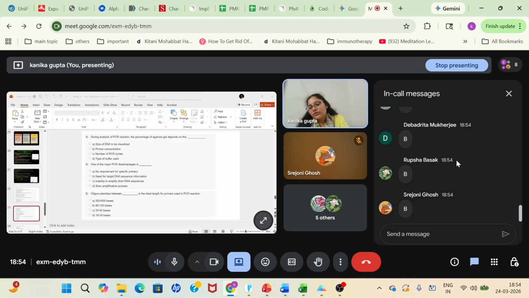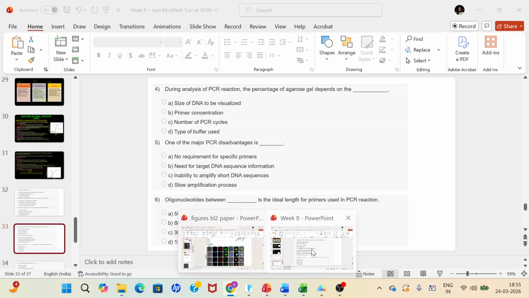Next is, the oligonucleotides between dash is the ideal length for primers used in PCR reaction. What should be the length of oligonucleotides? Sixth question, answer everyone. Yes. It is 18 to 24 base pairs. ठीक है.